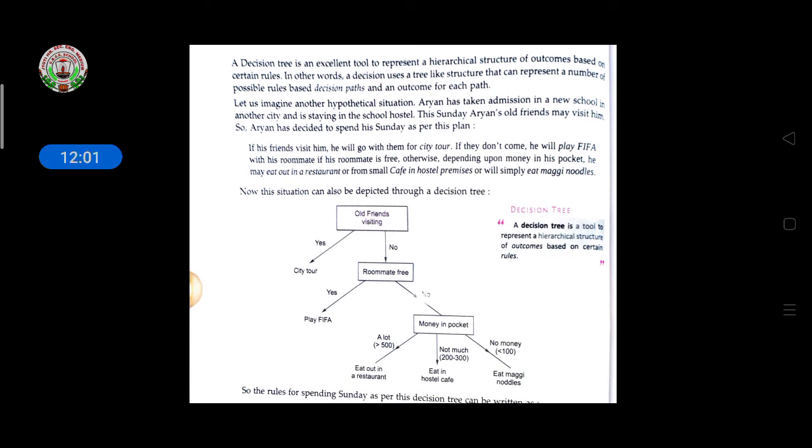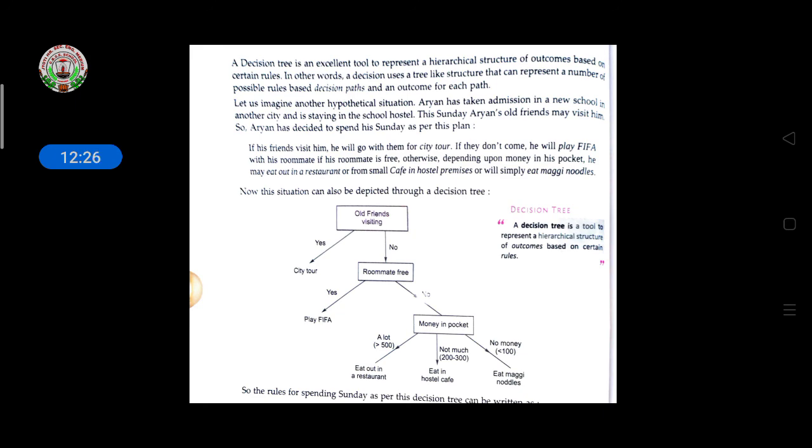If his roommate is free, otherwise depending on money in his pocket, he may eat out in a restaurant, or from a small cafe in the hostel premises, or will simply eat Maggi noodles. These are the conditions. If the condition is true, then he goes for the tour. If the condition is not true, then he will play FIFA with his roommate.